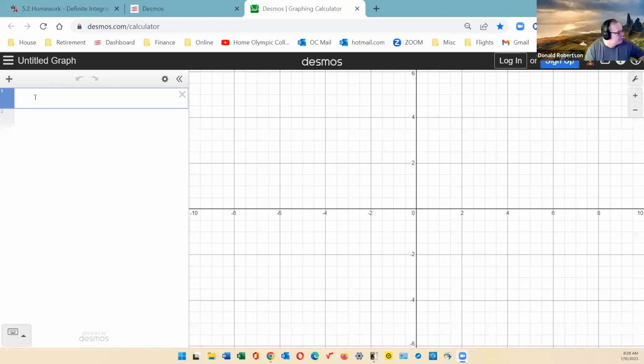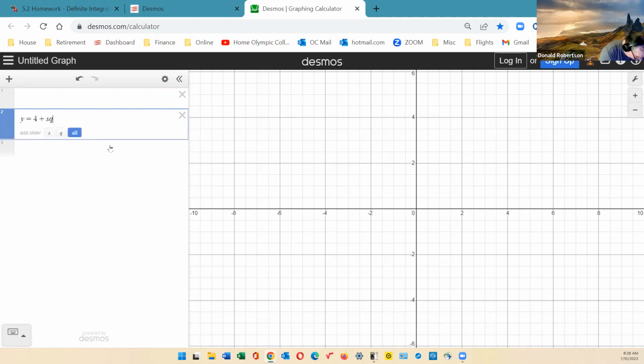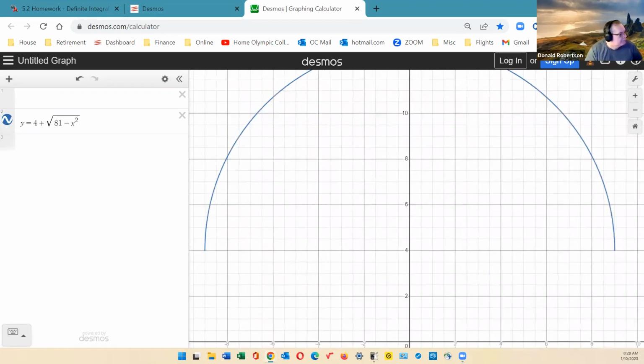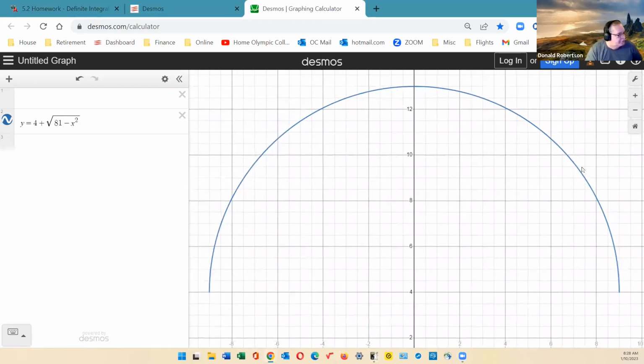Right, here's Desmos. And the curve was y equals 4 plus square root of 81 take away x squared. If you look here, I might have to shrink this a little bit.